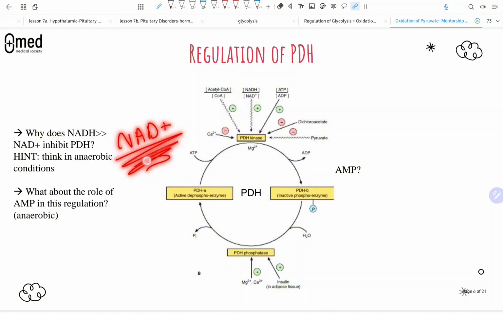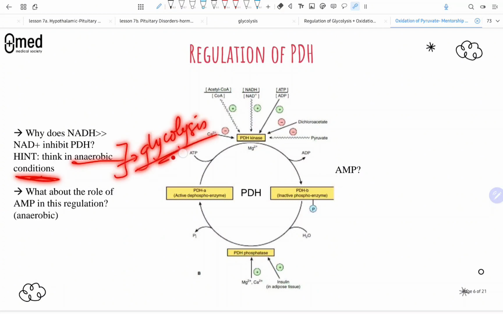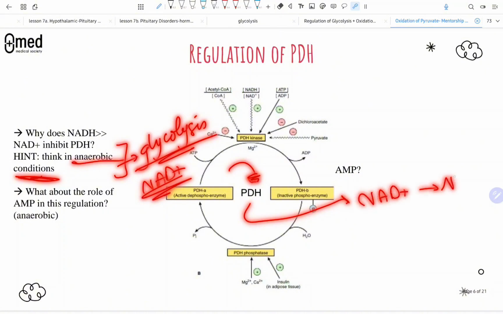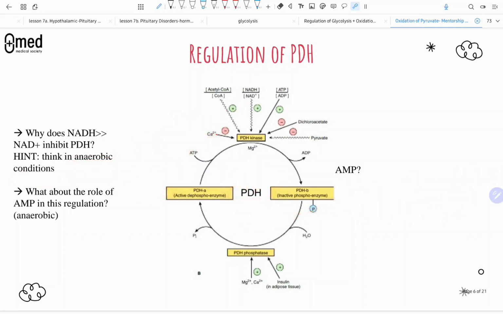NAD plus is needed for glycolysis, and I'll reiterate, if it's an anaerobic condition, then of course it's only going to have glycolysis, and in glycolysis we only want NAD plus, okay? So if you activate PDH, you're going to take this NAD plus and make it NADH. But since you want NAD plus, you can't have this, so this should be deactivated. So this should be inhibited, okay?